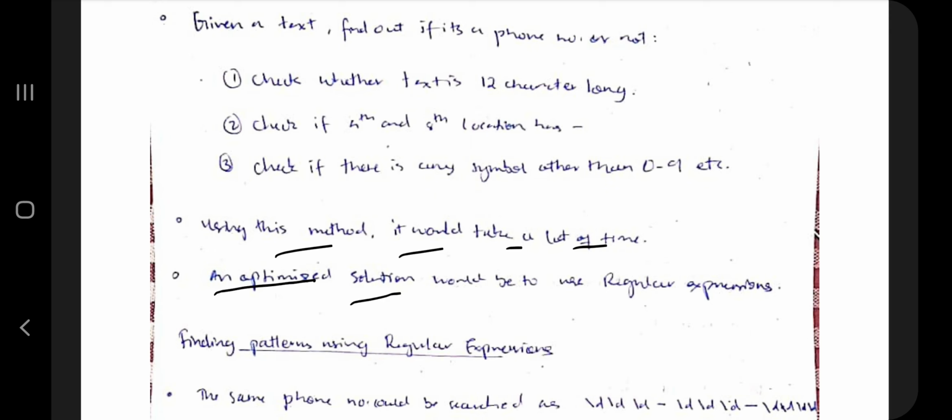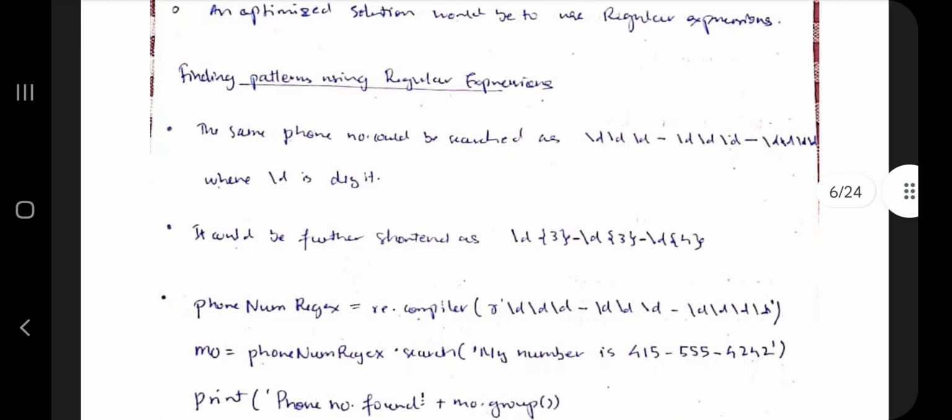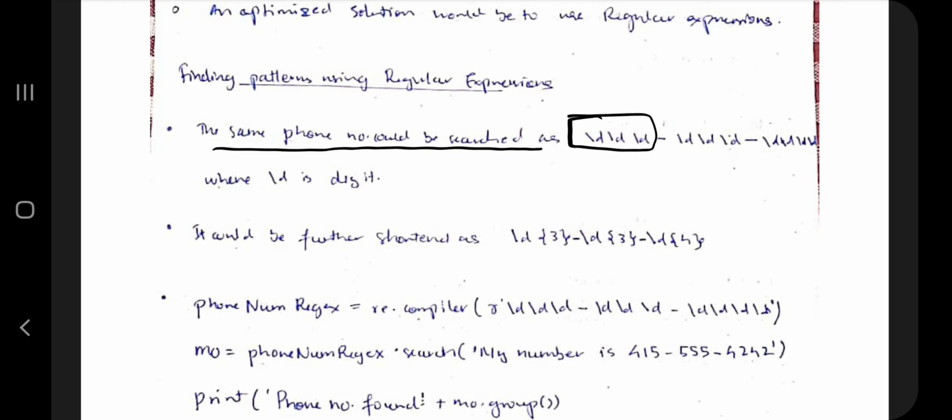An optimized solution would be to use regular expressions. Let us understand what regular expressions are. The same pattern could be searched as \d 3 times followed by a hyphen, then \d 3 times followed by a hyphen and \d 4 times. What does \d indicate? \d is a digit, so wherever you see \d, it can be replaced with any digit from 0 to 9.